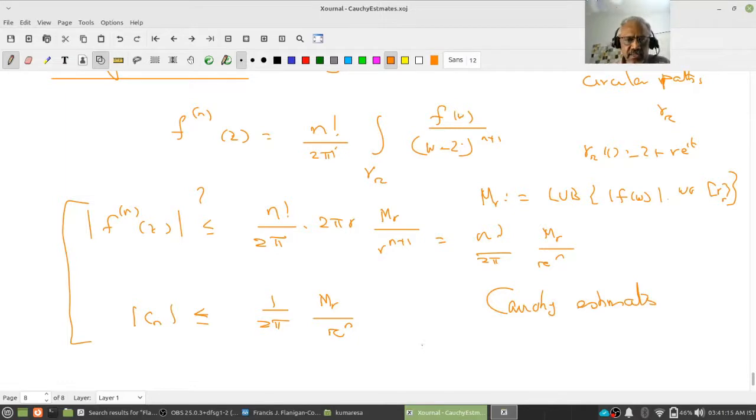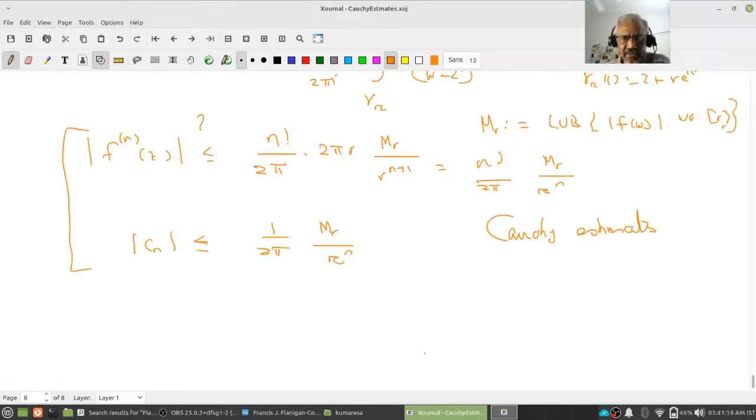As you can see, this is extremely trivial. This is just the standard ML inequality applied to the circular path. Life is very easy. So I got it. But what is the significance and how to use it? These are the two things I would like to talk about.